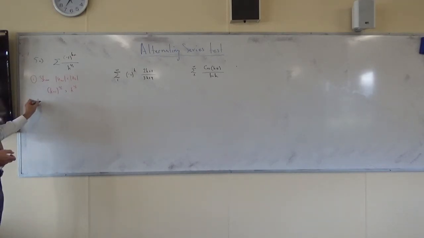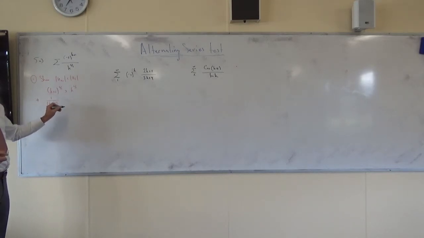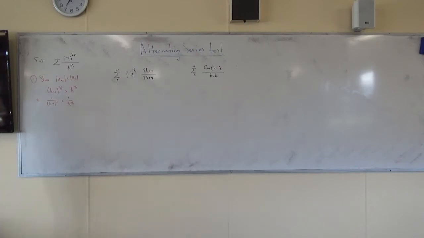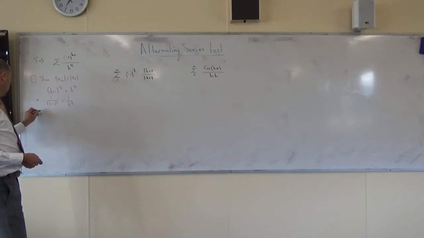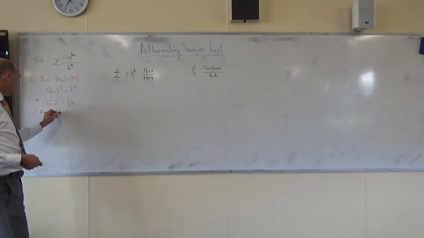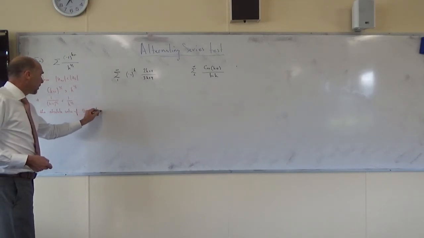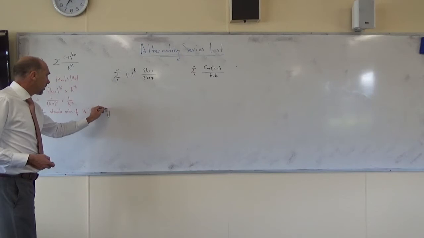Therefore 1 on (k+1)^(2/3) will be less than 1 on k^(2/3). Therefore, this is a decrease there. Yeah? Therefore, the absolute value of U_k is decreasing. Good.